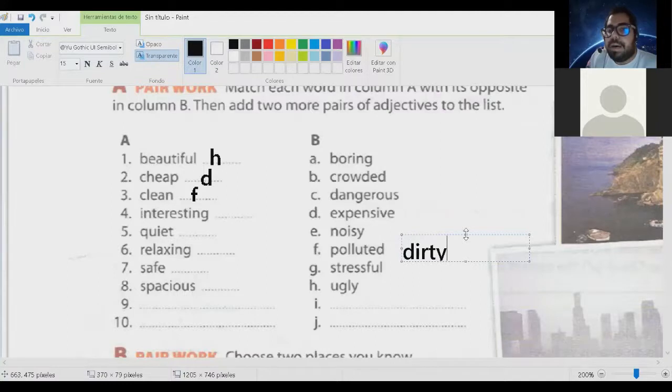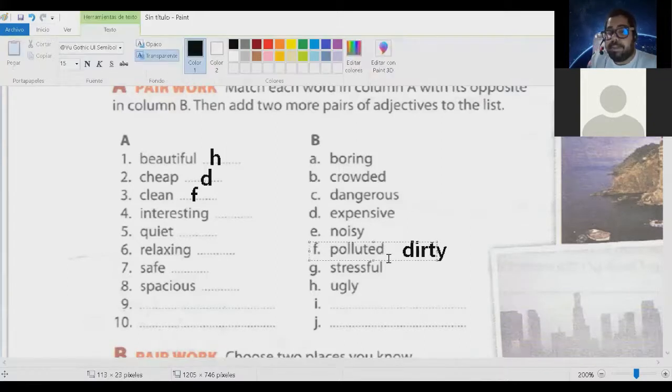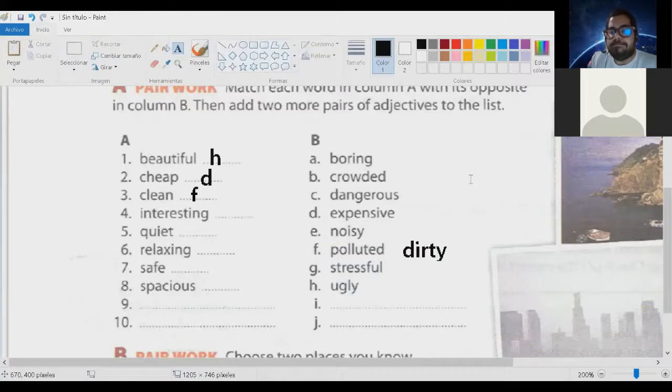But teacher, what is this word? Look at this word over here, girls and guys. Look at the pronunciation, guys. The pronunciation of this is polluted. Polluted. So we have clean, which is limpio, right? And then we have polluted, guys. Ali, well, you said teacher, it is polluted. What is polluted, Ali?